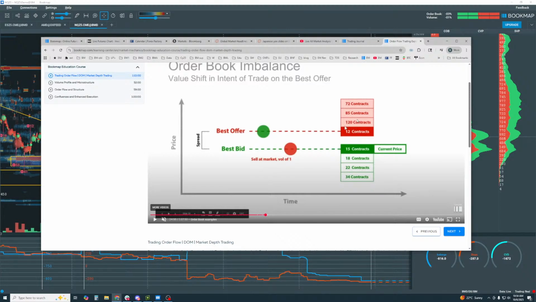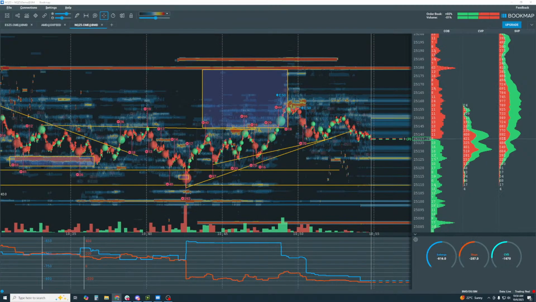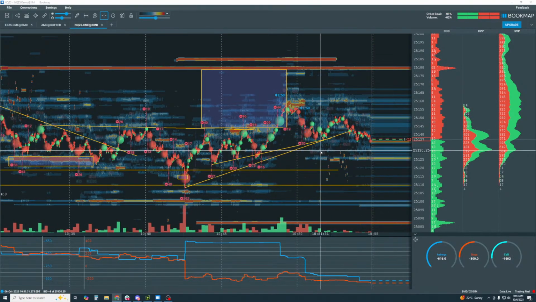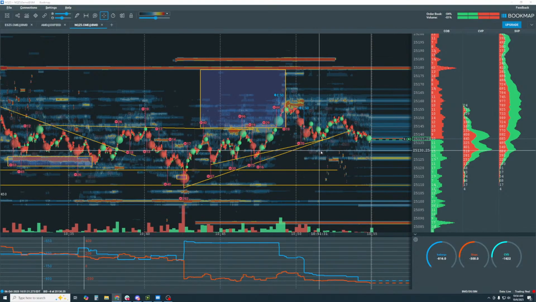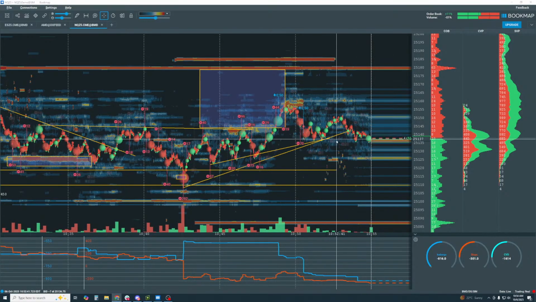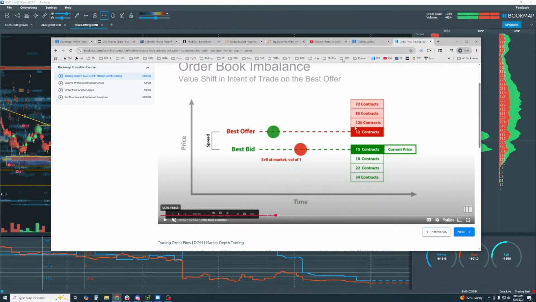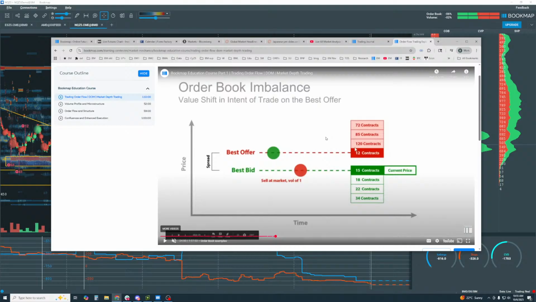A lot of this kind of education is lost in other platforms because they're looking at candlesticks and just trying to extrapolate market mechanics by candlestick patterns. So it's better to go to the direct source and understand what makes the market move.